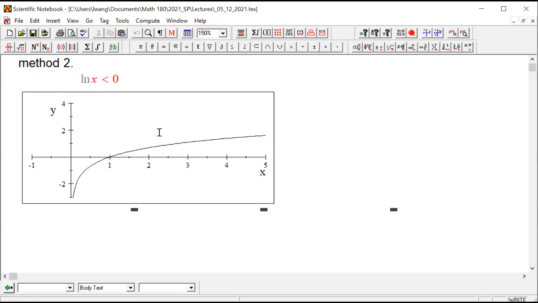So where do we find output less than 0? You have to understand what the output is. This is output, and that's positive. This is the output for that input. This is a negative output.